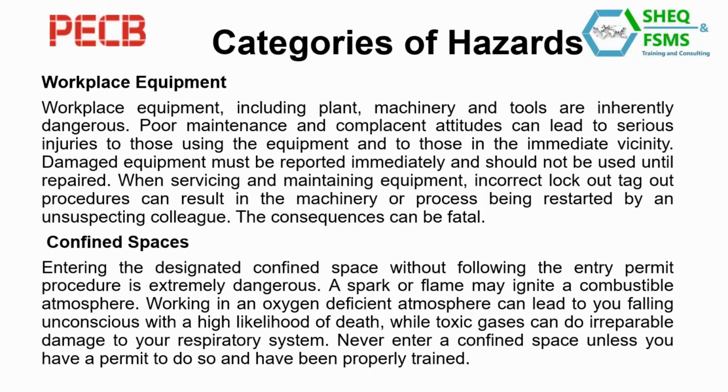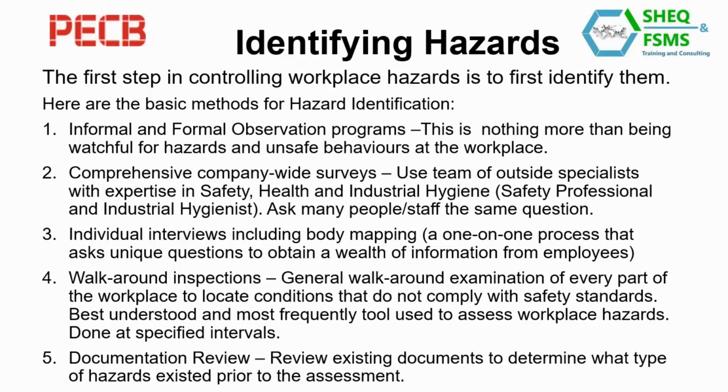Identifying hazards. Now, the first step in controlling workplace hazards is to first identify them. Here are the basic methods of hazard identification. 1. Informal and formal observation programs. This is nothing more than being watchful for hazards and unsafe behaviors at the workplace.